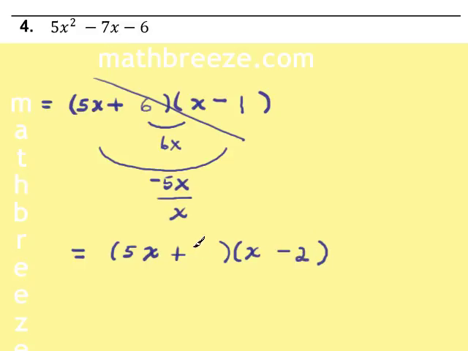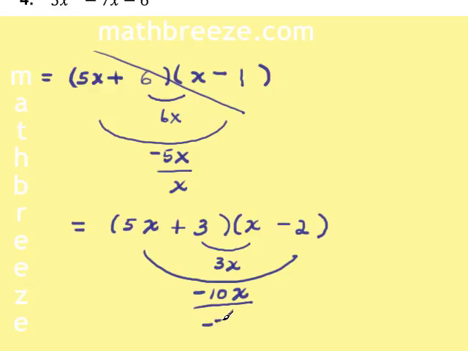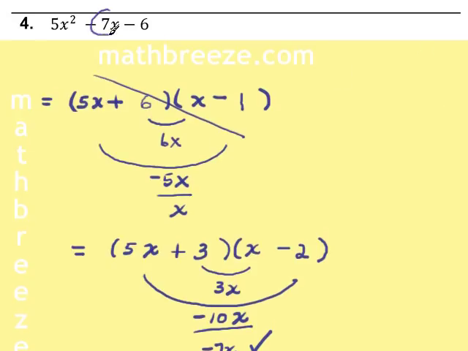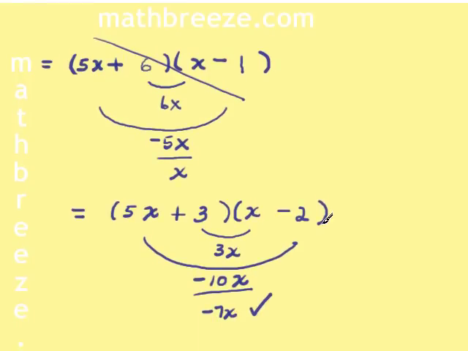All right, so let's try putting the 2 there and the 3 here, and figure out if we have the right middle term. All right, we get a negative 7x, which is correct. That's our middle term. All right, so this is the correct factorization.